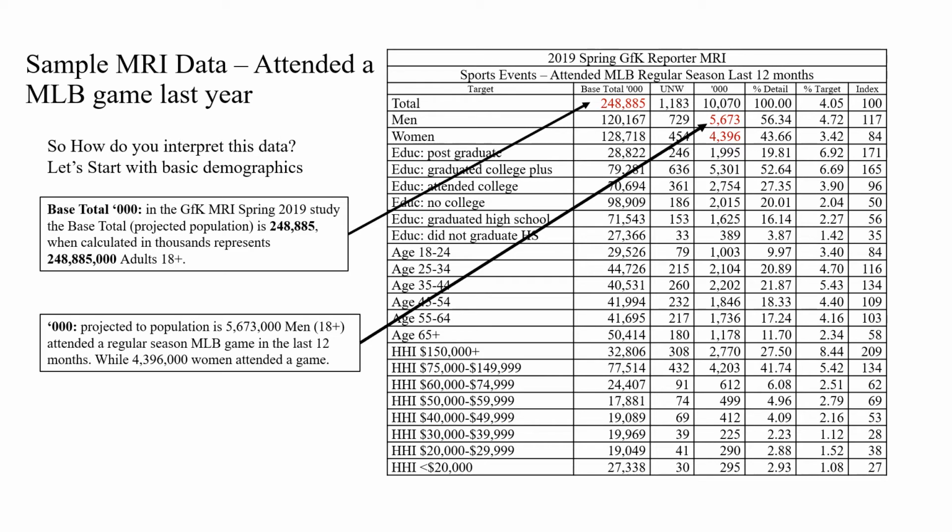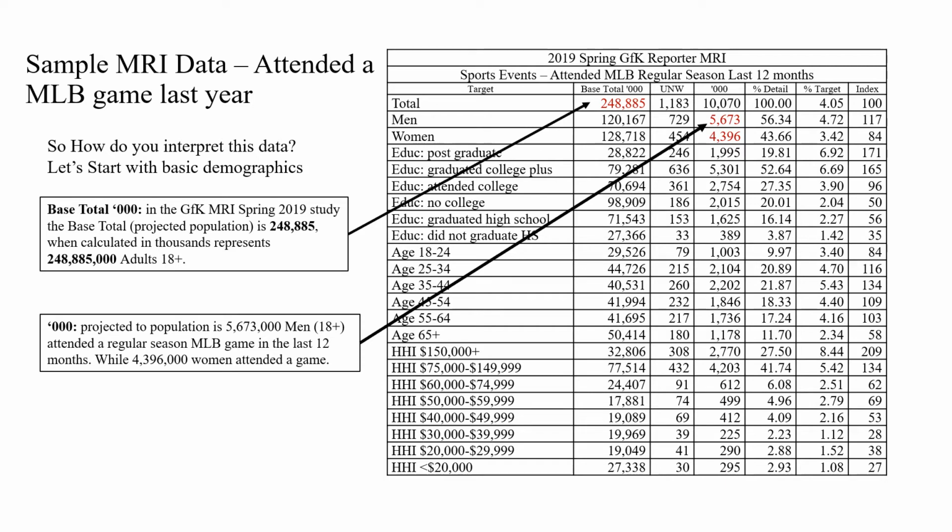The second number is the projected population of the people who have done this particular thing. Okay, and so you'll notice that under total it says 10,070. That means that according to this survey, 10,070,000 different people attended a Major League Baseball game last year.